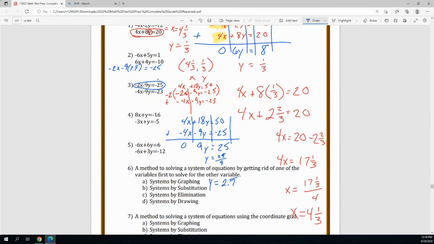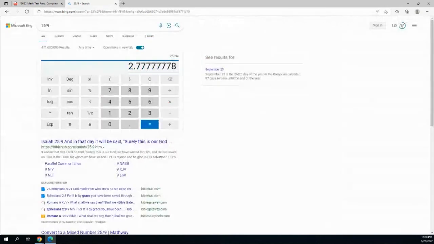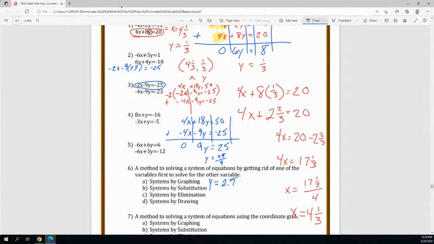So first off, I want to combine 9 with 2.7 repeating. That is not going to be pretty. So let's clear this out. 9 times 2.77, let's just say. We'll just get an estimate here. 24.93. Okay. So I'm going to have -2x minus 24.93 equals -25. Again, we're solving for x.